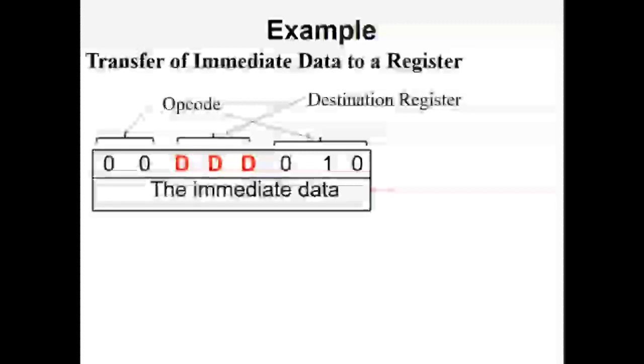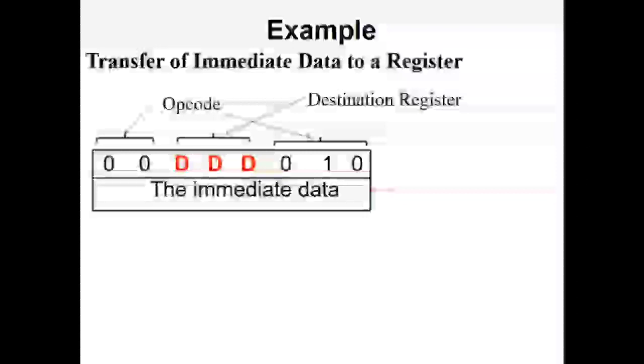It has got 2 bytes. It is a 2-byte instruction. In the first byte, the first 2 bits and the last 3 bits are the operation code. So you begin with the 00, then you mention the register where you are putting the data, and then you end with the 010. Then in the second byte, you put the immediate data.